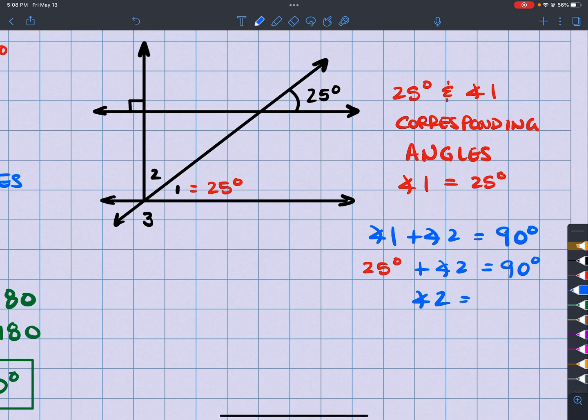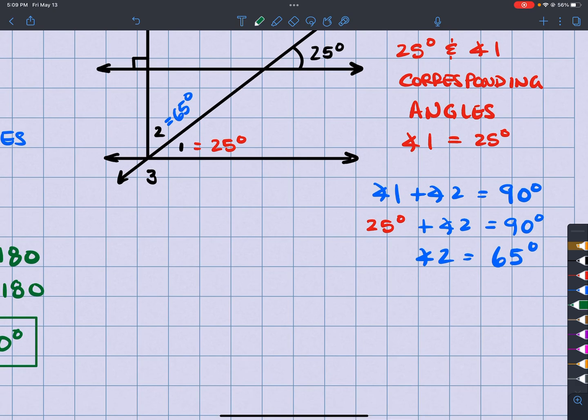Let's take a look. It's going to be, you're right, 65 degrees. Okay? So angle 2 is 65 degrees.